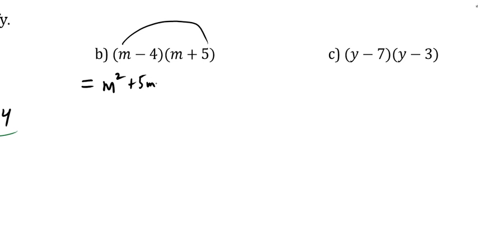Watch your signs. Negative 4 times m, negative 4m, and negative 4 times positive 5 is negative 20.